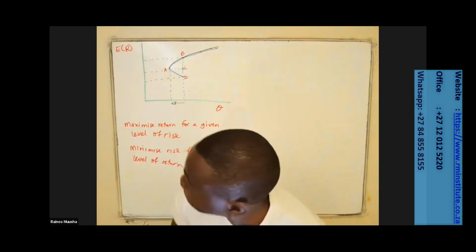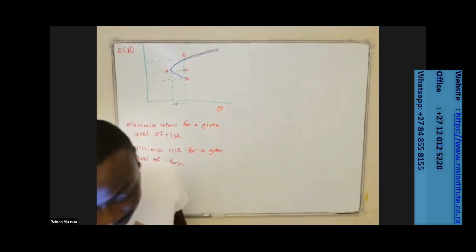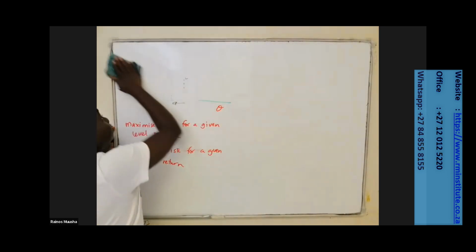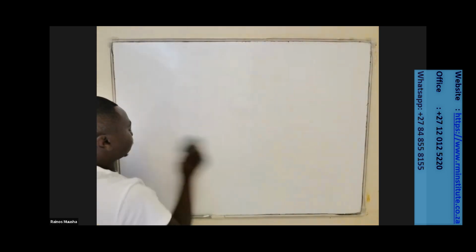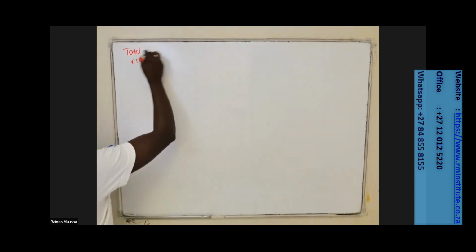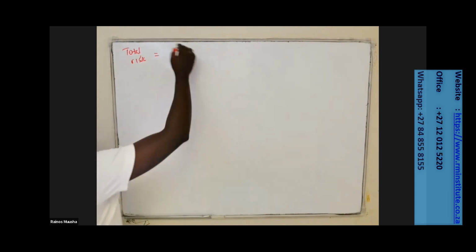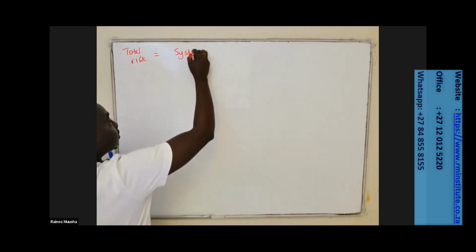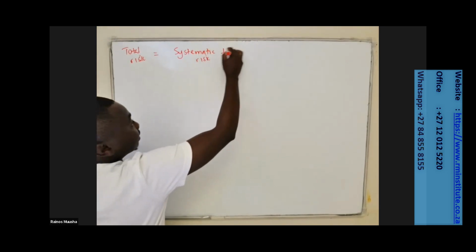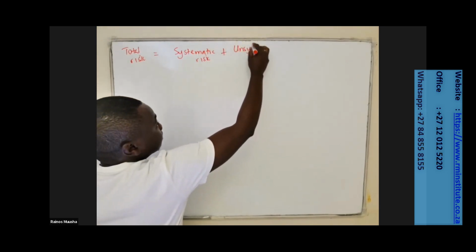So what do we mean by a portfolio that is completely diversified? When you look at the risk of a portfolio, we say the total risk of a portfolio is given as your systematic risk plus unsystematic risk.